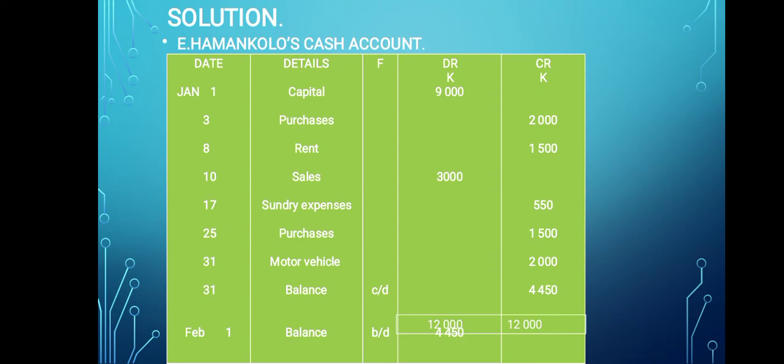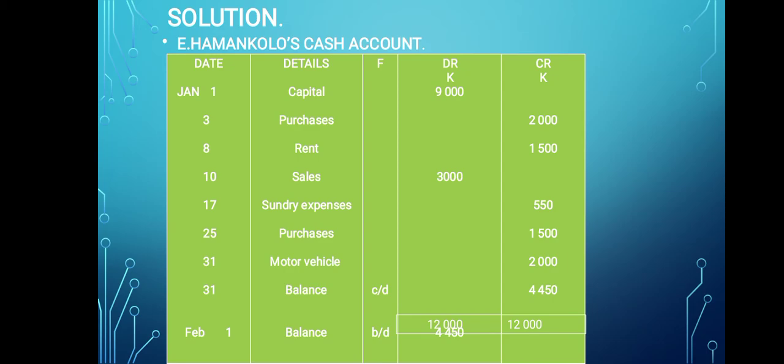And then you find that your credit side, when you add everything, you are going to be less by how much? Yes, Piri, you are going to be less by 3,000.